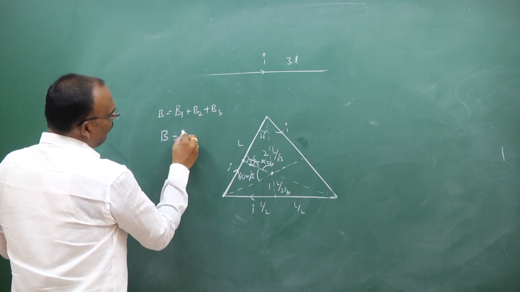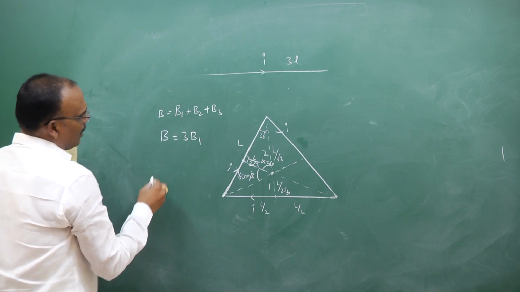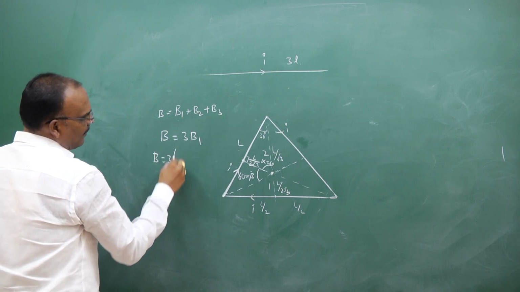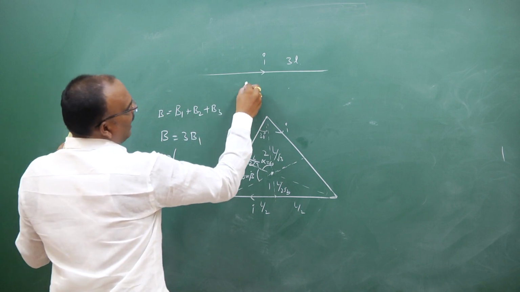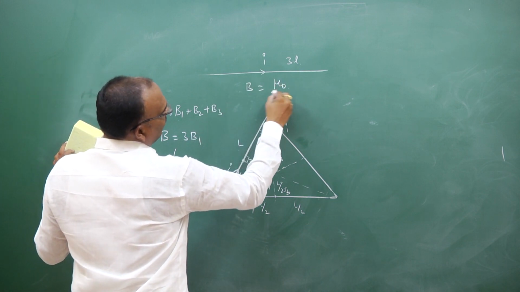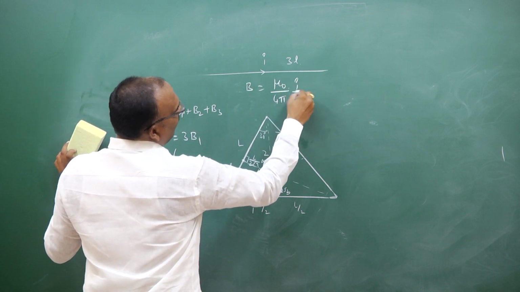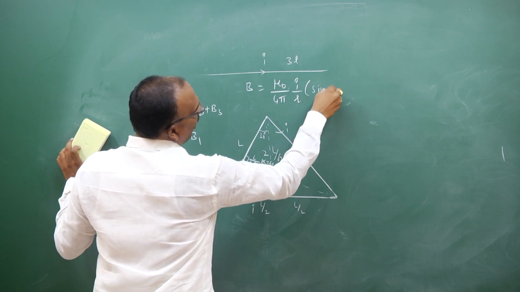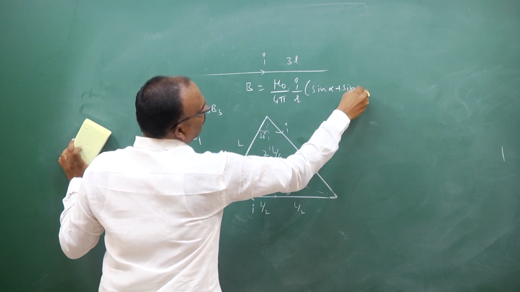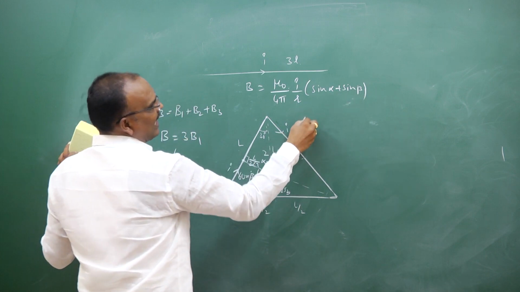So the net magnetic field is 3 times B1. B is equal to 3 times B1. Magnetic field due to a straight conductor is mu naught by 4 pi, I by R, into sin alpha plus sin beta. So I will calculate B1 here.